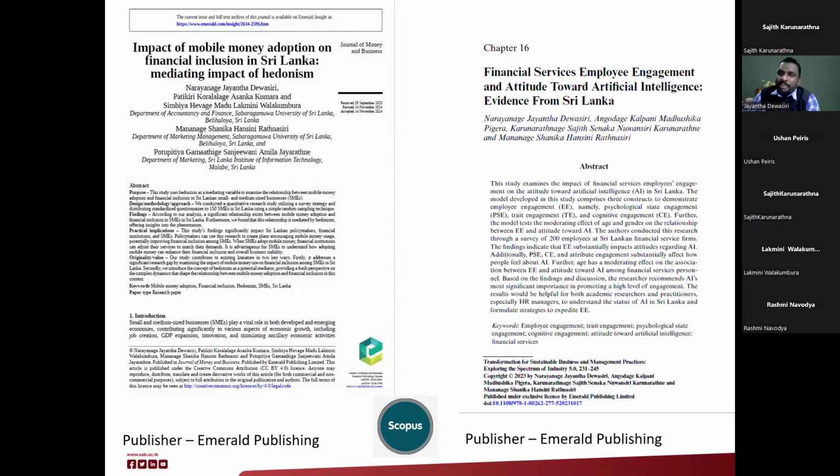So it is like impact or association between financial services employee engagement and attitude towards artificial intelligence. We have not mentioned the impact, association or relationship here, but simply looking at that, we can assume the same. It's easy. This paper is also published in a Scopus indexed Emerald book, Transformation for Sustainable Business and Management Practices: Exploring the Spectrum of Industry 5.0.